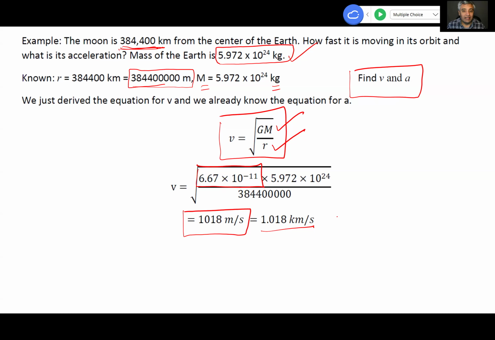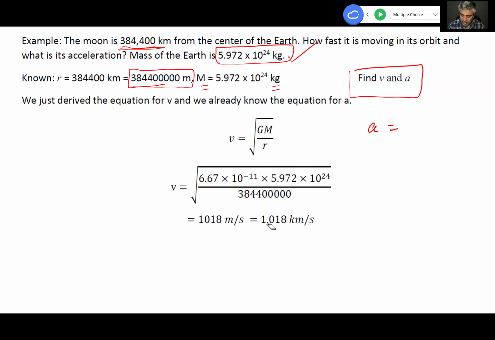In 1 second, it moves more than half a mile, so it is moving really fast. Of course, Earth is moving way faster than the moon around the sun, but this is the speed of the moon around the Earth. That's what we calculated.